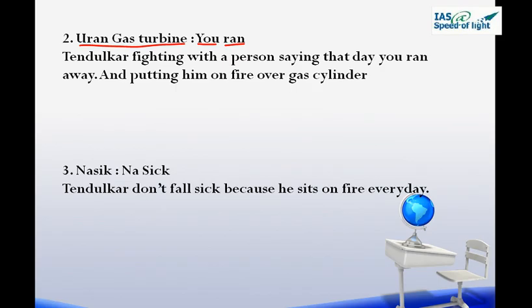First time he put the tram on fire, that is Trombay. Now it is the Uran gas turbine. Now what he's saying to the other person is, "you ran that day." And now he's putting that person on fire over a gas cylinder. So it is a gas turbine station, Uran, in the state of Maharashtra, with Sachin Tendulkar.